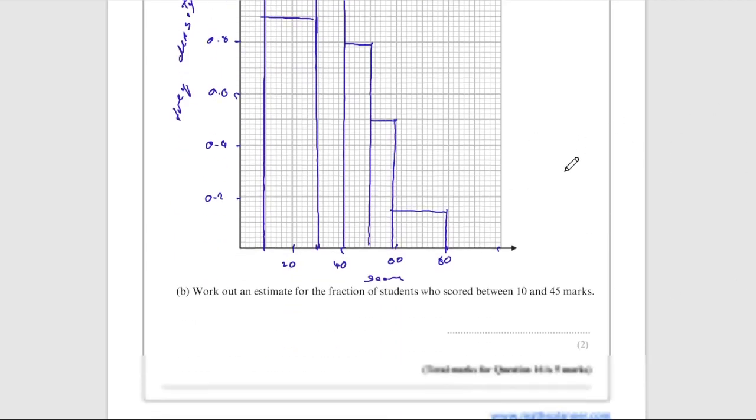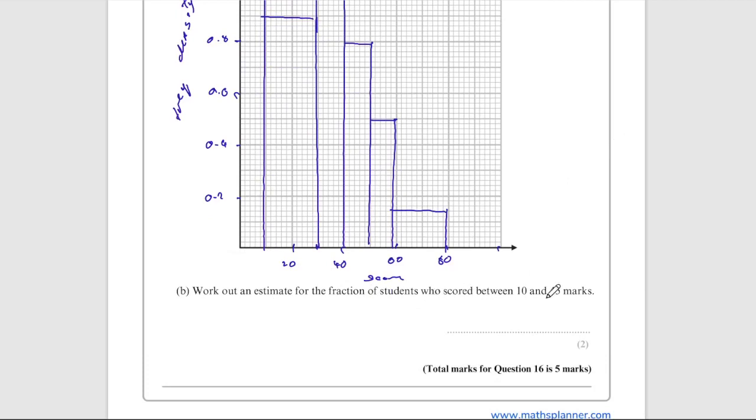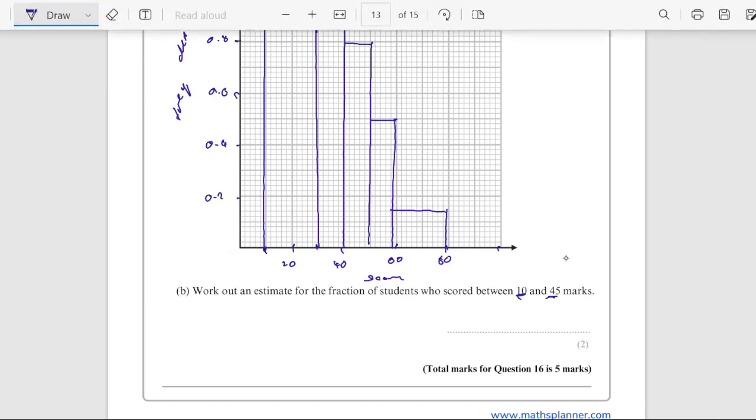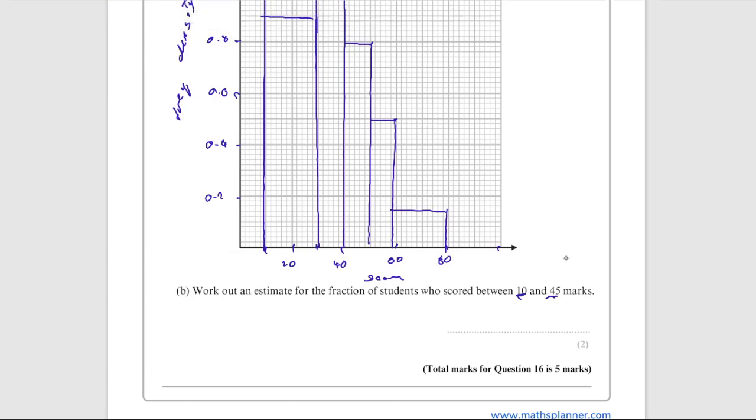Okay, work out an estimate for the fraction of students who scored between 10 and 15 marks. So I want the group that scored between this point and 45, which is slap bang in the middle of this group.